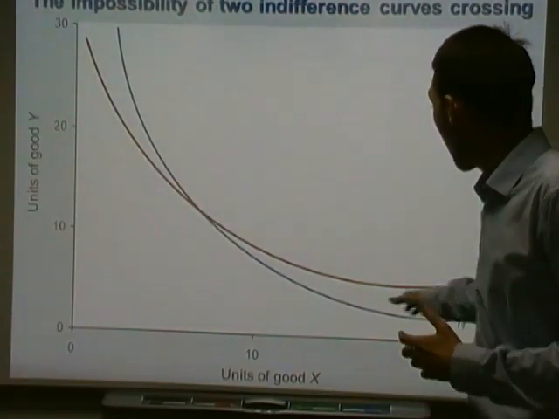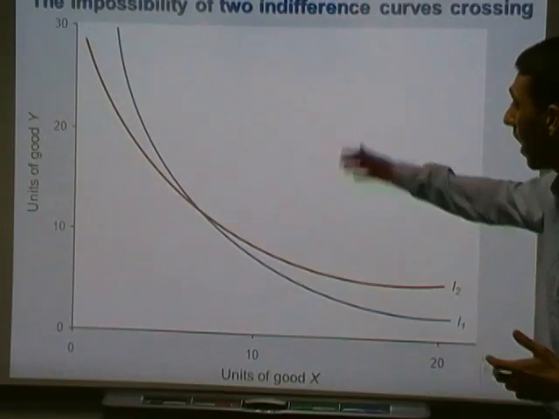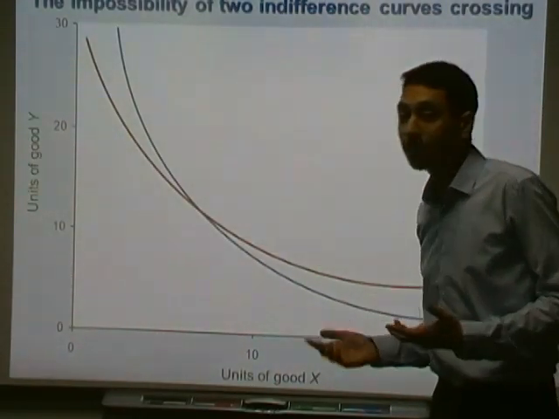I1, the blue one, and I2, the red one, are intersecting at this point. Is this possible?